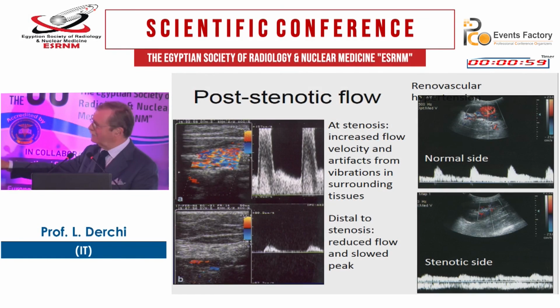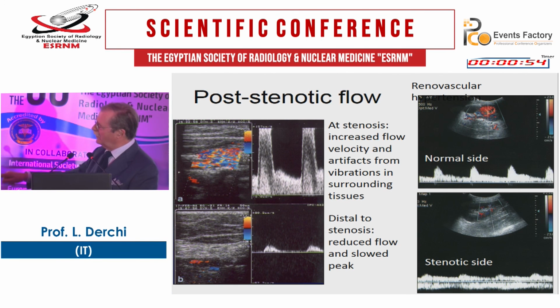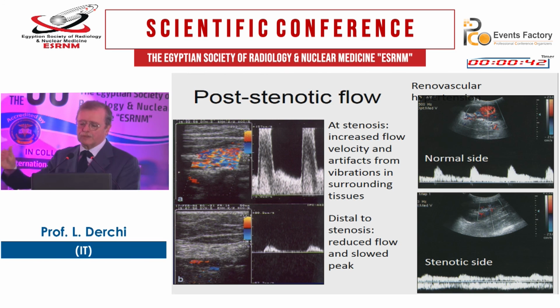But on the bottom, if we go to the popliteal region, we see that there is very low systolic velocity and very late peak. This means it's a post-stenotic parvus-tardus flow.